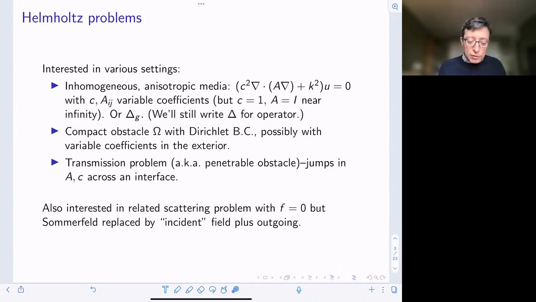Now I'm sort of paying lip service to the idea that this has something to do with scattering theory, and I'm not going to go too far down that road, but I will say that a very closely related problem is if instead you want to solve the homogeneous Helmholtz equation, so an actual solution to (Laplacian plus k squared) u equals 0, but instead of insisting that the solution be outgoing, which would then be asking too much, it turns out, that would make it 0, you ask that the solution be some incident wave that you've specified plus an outgoing solution.